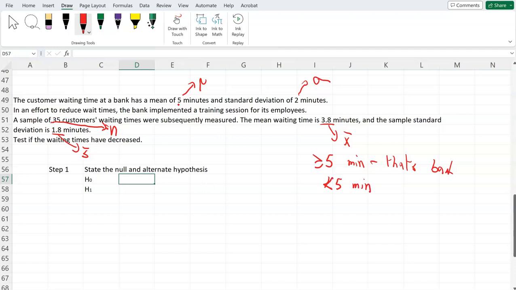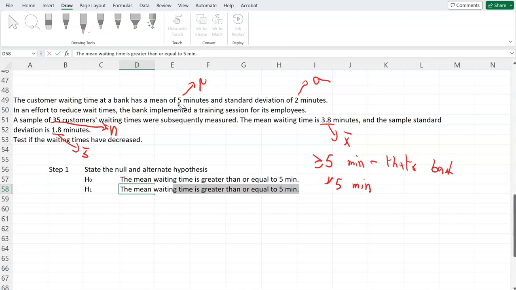So then my null would be, the status quo is basically it is 5 minutes, so the mean waiting time should be greater than or equal to 5 minutes. And since the alternate is after the training, we want to reduce the waiting time. So the alternate is the mean waiting time is less than 5 minutes.